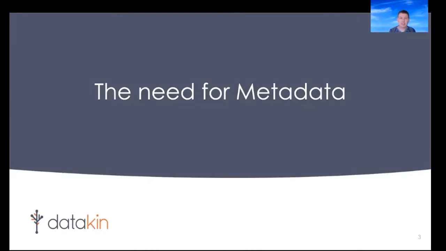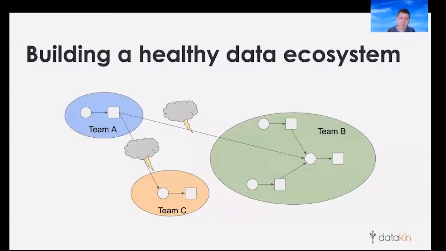First, I'll start with talking about the need for metadata and really what's the problem that lineage and metadata is solving. Very often, when building a data ecosystem, you have many teams consuming and producing data and depending on each other. Often within a team, people understand their dependencies and they have common practices.